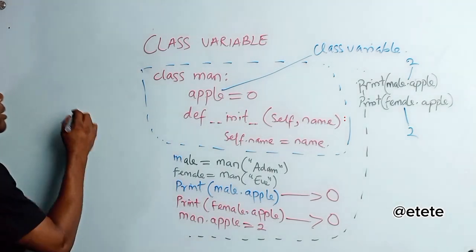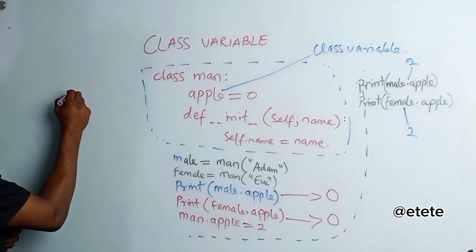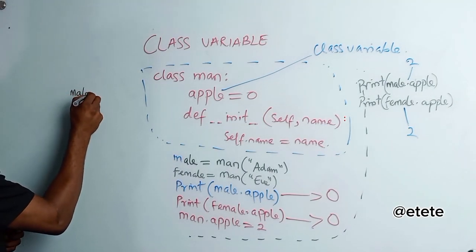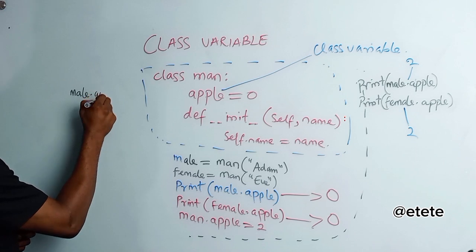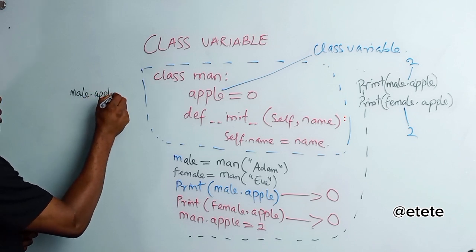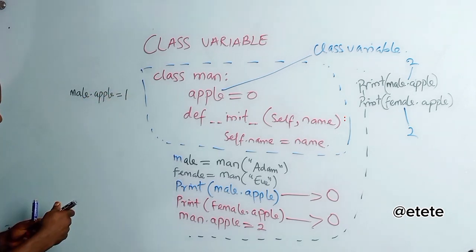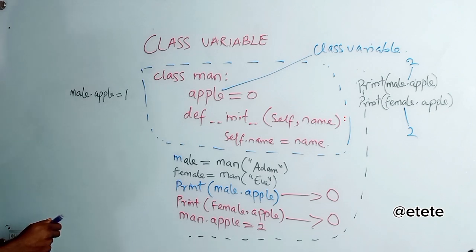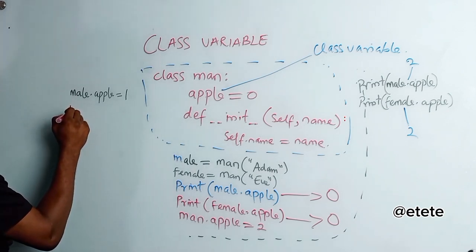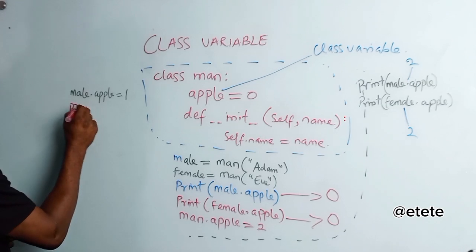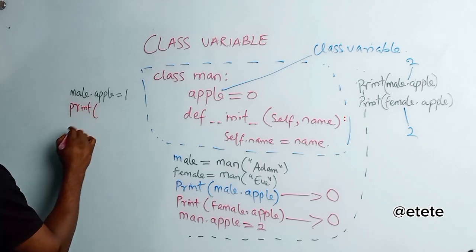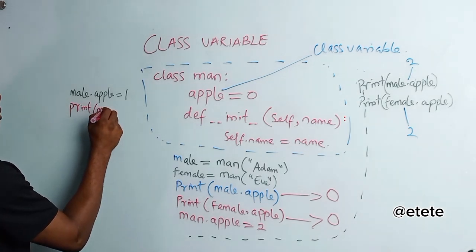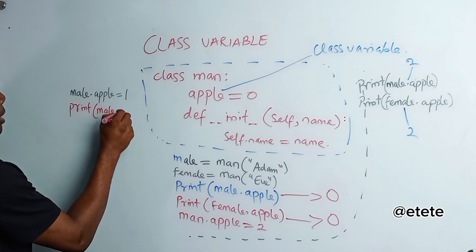Now, if I say male.apple, assign 1 to it, then I come here and I say print male.apple.